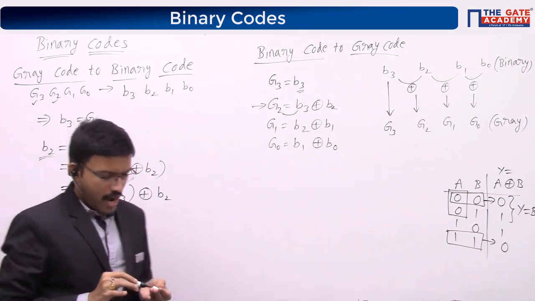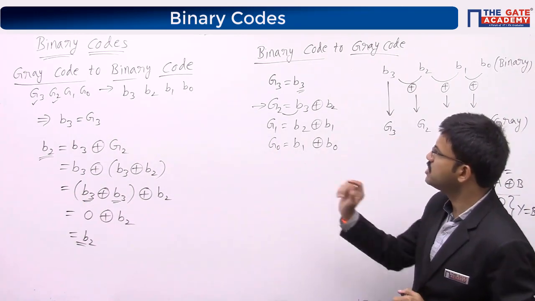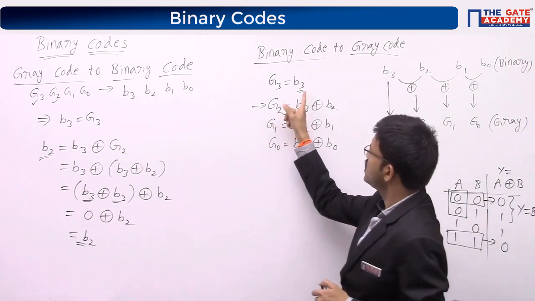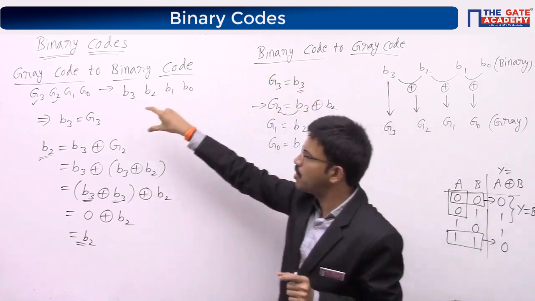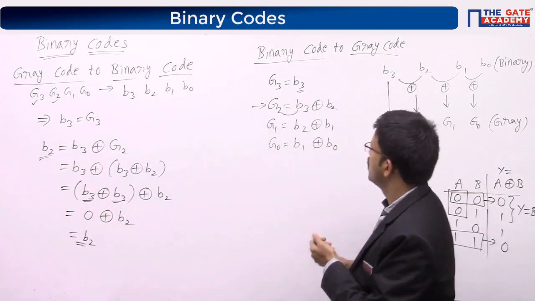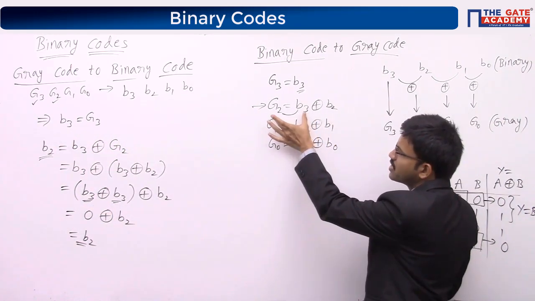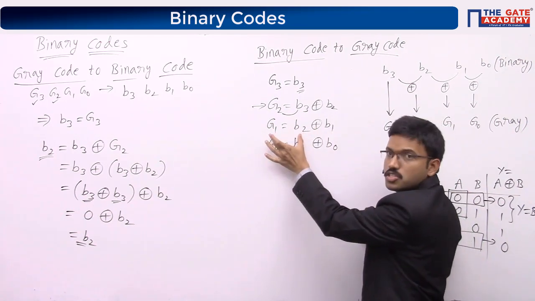So I have given this explanation of whether I am getting B2 or not. So that means what? Here B3 is nothing but G3. If you have the code G3, then I will copy that bit as this. That is nothing but my MSB of the binary code. Then in order to get B2, I will perform XOR on these two. Similarly, in order to get B1, I will do XOR on these two.